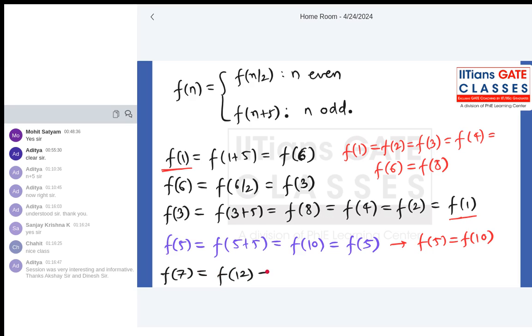So this will be equal to f of 12, this will be equal to f of 6, this will be equal to f of 3, this will be equal to f of 8, and so on, because we already did this once, right? It will be 4, 2, and 1. So essentially, it may be slightly confusing, but what we are getting is that this is also equal to f of 7.